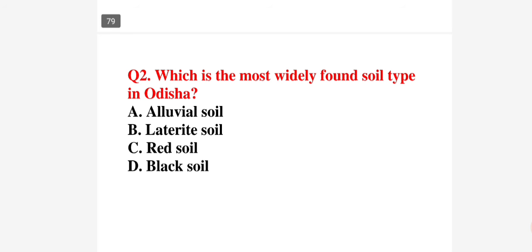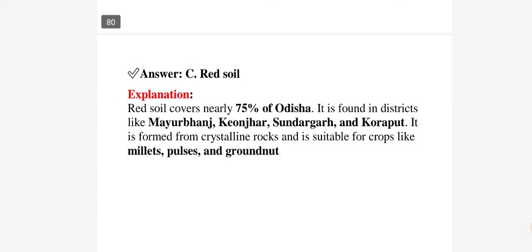So it lacks fertility. Let us know in which districts the red soil is found: Koraput, Rayagada, Malkangiri, Ganjam, Balangir, Mayurbhanj. These are the areas where red soil is found.